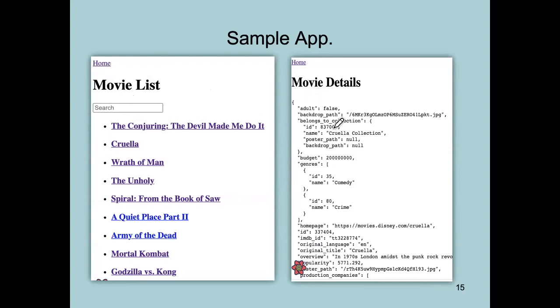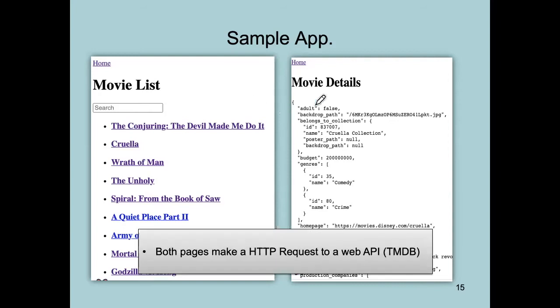Because I'm not interested in how the data actually looks, I'm just rendering the movie object that comes back as a JSON structure. Both of these pages make a request to the backend, so they both have an HTTP fetch request as part of their logic.